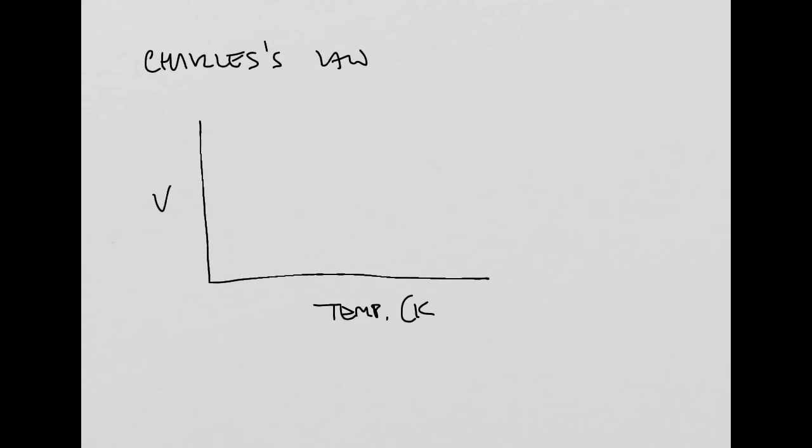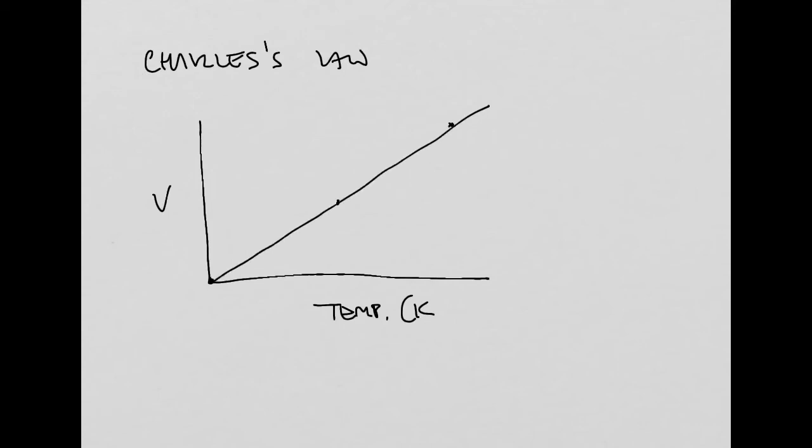If you keep a fixed number of moles of gas, at a low temperature it's going to have a very low volume. At a medium temperature, it's going to be a little higher. At a little higher temperature, it's going to be an even higher volume.